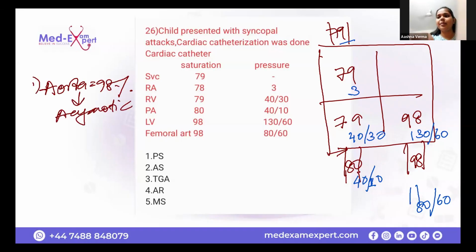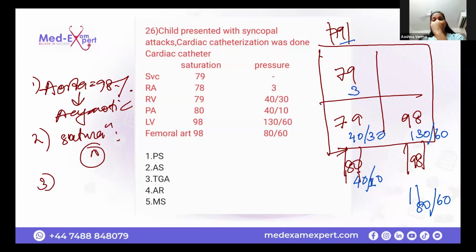The second thing is abnormal increase or decrease in the saturation. The saturation in the SVC, right atrium, right ventricle, and pulmonary artery corresponds with each other, and they are the same. There is no abnormal increase in the saturation, so the right side of the heart is normal. There is no shunting. The left side also has normal saturation. So the saturations are normal.